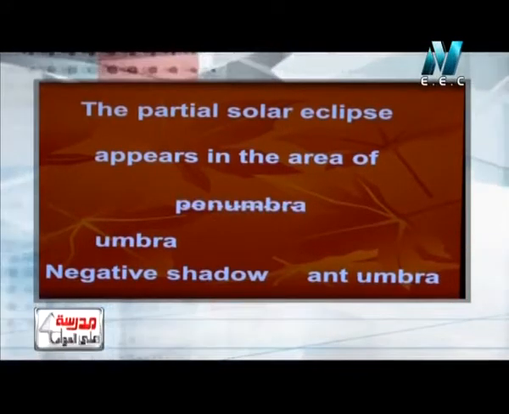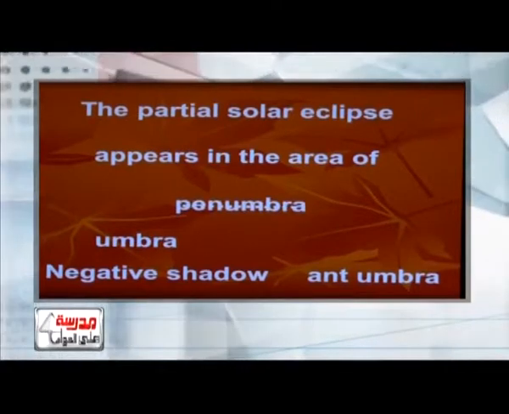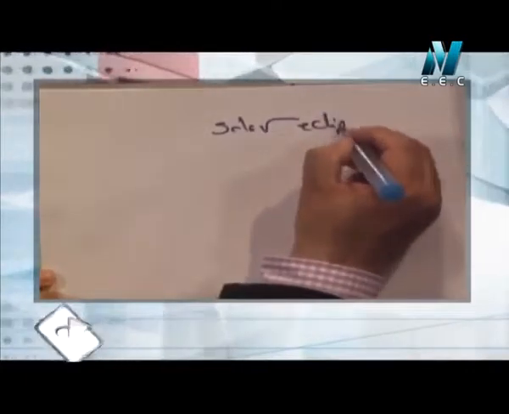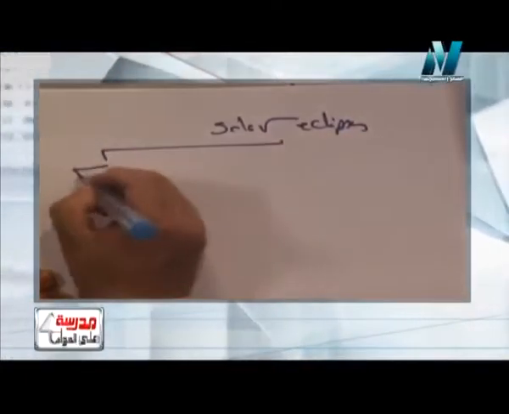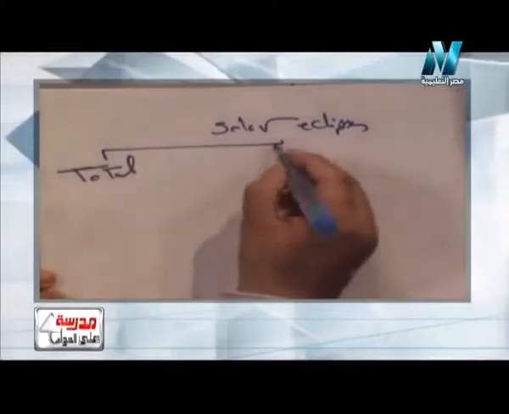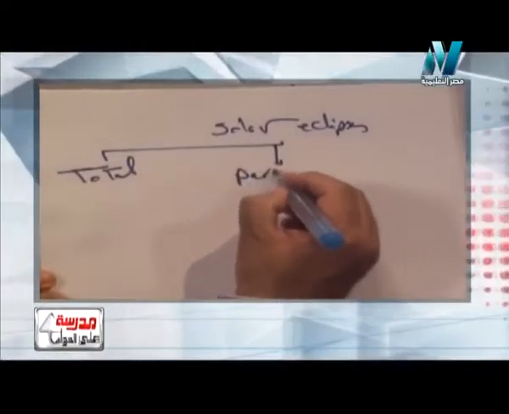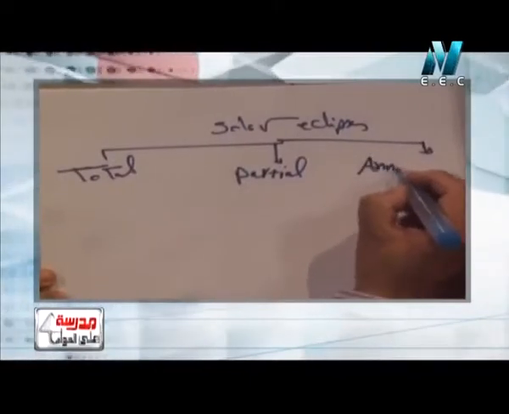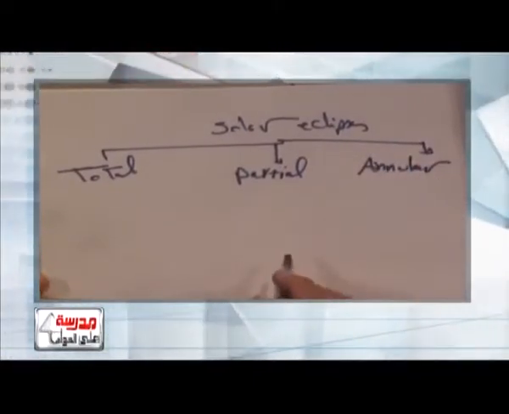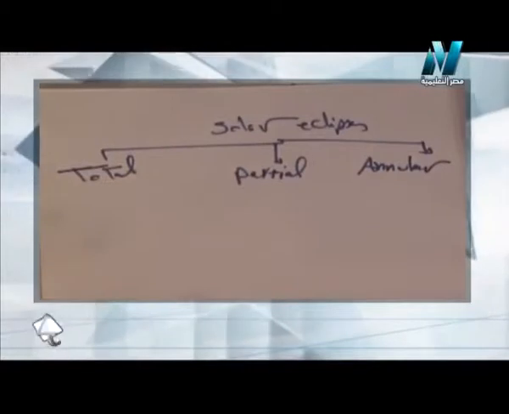So let me remind you what the types of solar eclipse are, and also the types of lunar eclipse. We have 3 types of solar eclipses, which are total, partial, and at last annular.